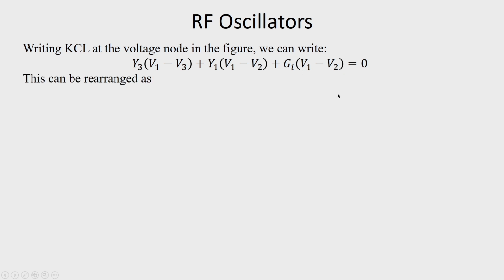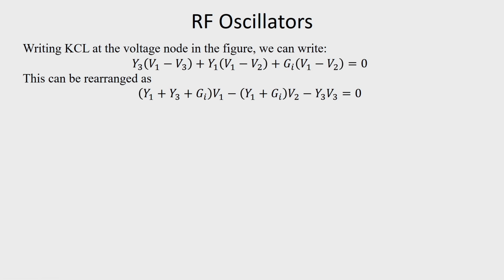So, when it is rearranged, we can write (Y1 plus Y3 plus G I) into V1 minus (Y1 plus G I) into V2 minus Y3 V3 equal to 0.